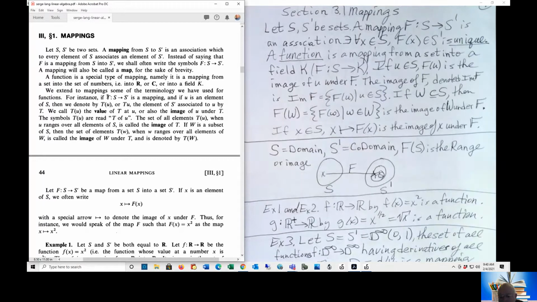If u is an element in set S, f of u is called the image of u under f.